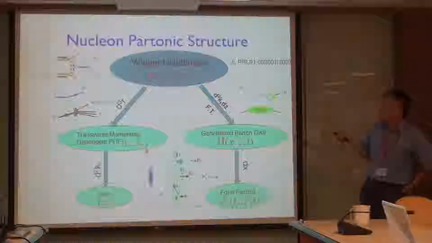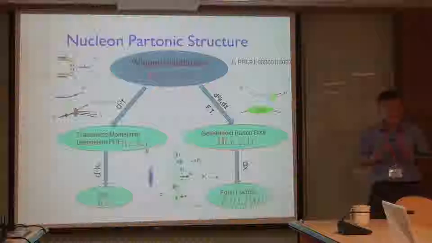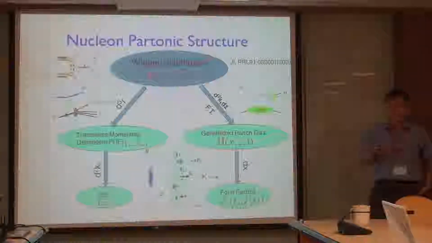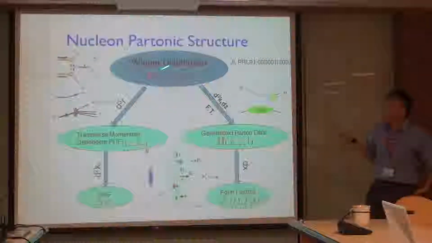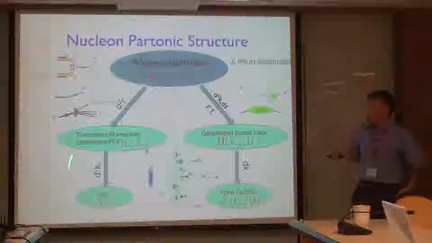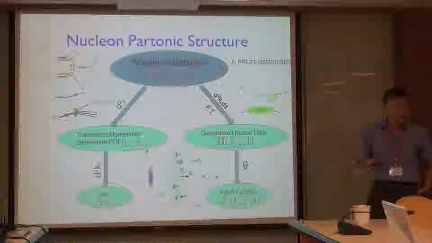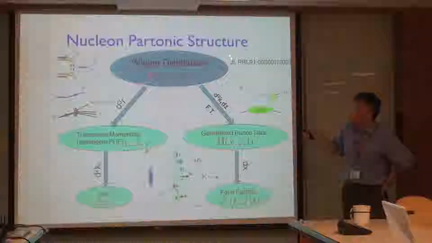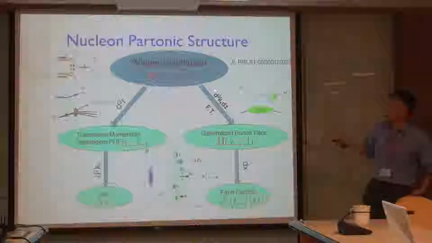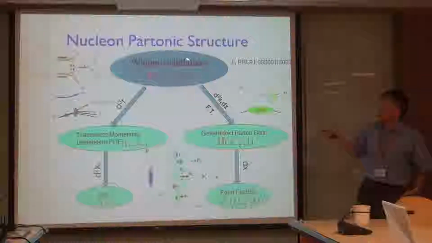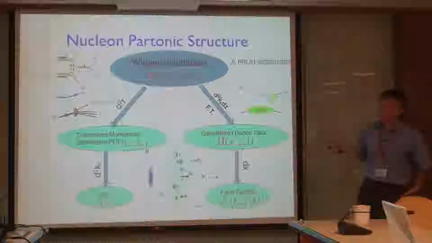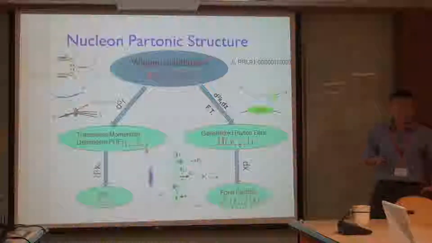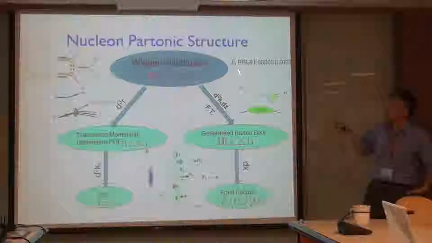show you some specific examples. Of course I don't intend to be very complete, but I will show how the Drell-Yan can be used to understand the nucleon parton structure. This is a common cartoon to illustrate it. Normally we use the Wigner distribution, which is the most generalized phase space distribution for the parton inside the nucleon.